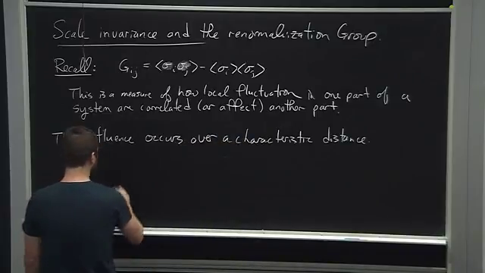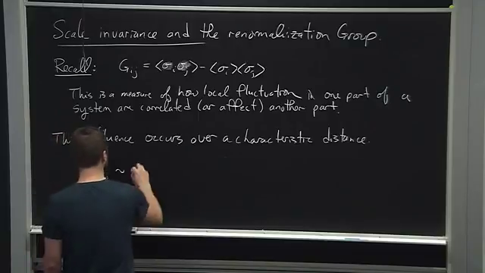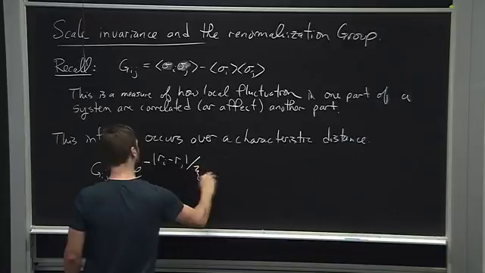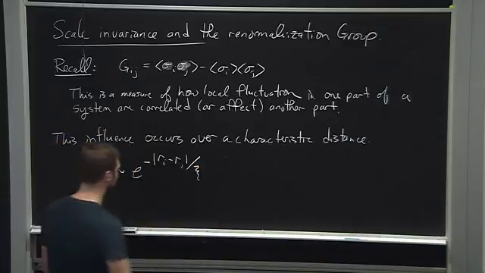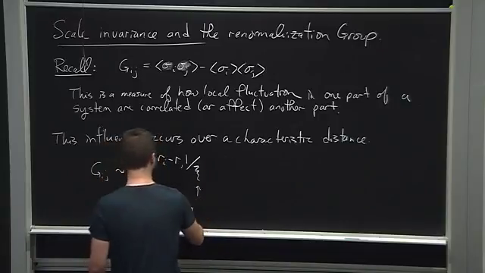As you know, it's defined by G_ij going like e to the minus |R_i minus R_j| over ξ, which defines this characteristic length or distance.